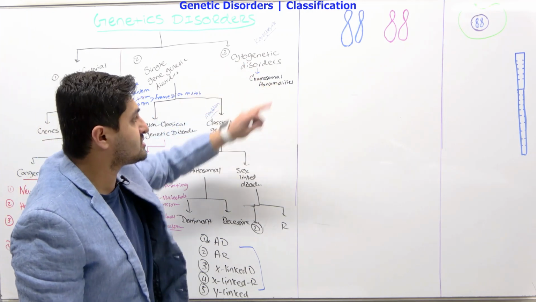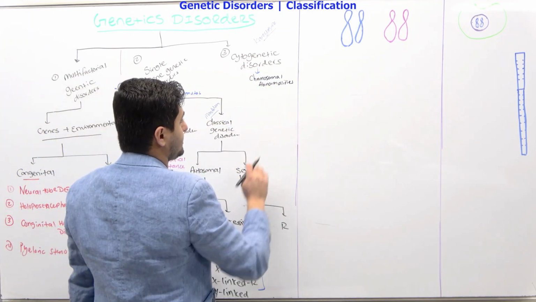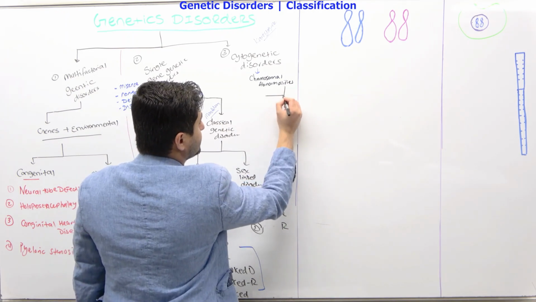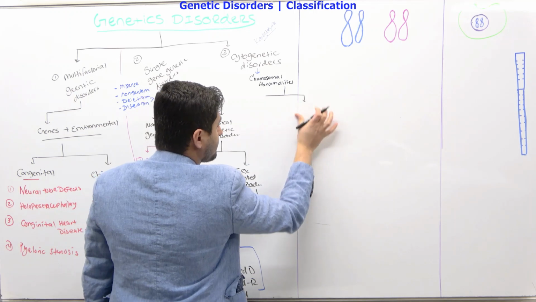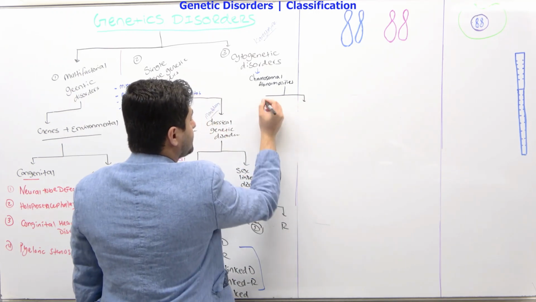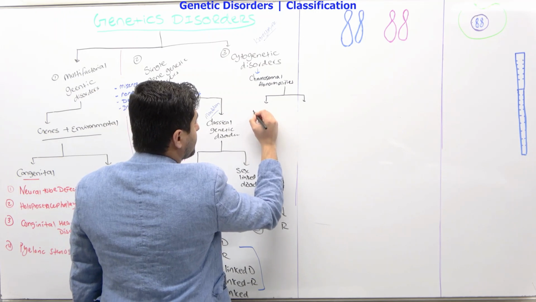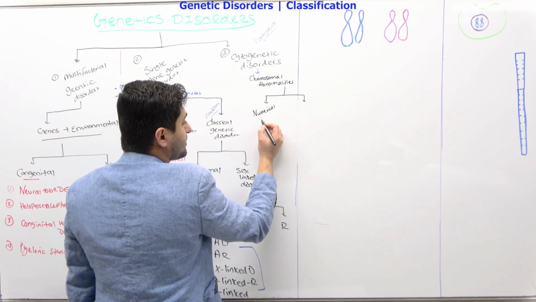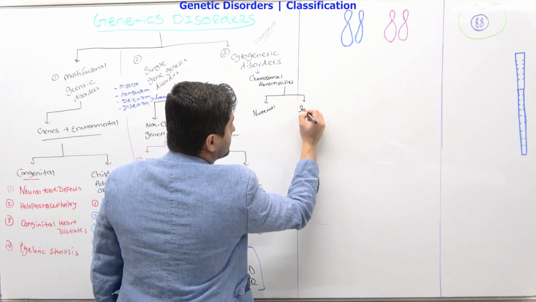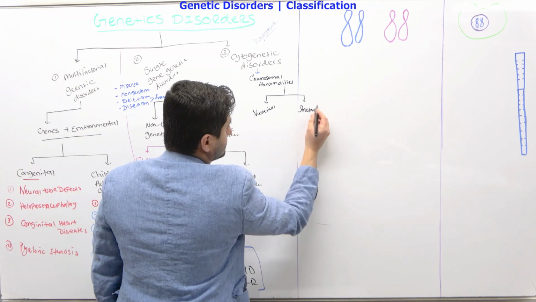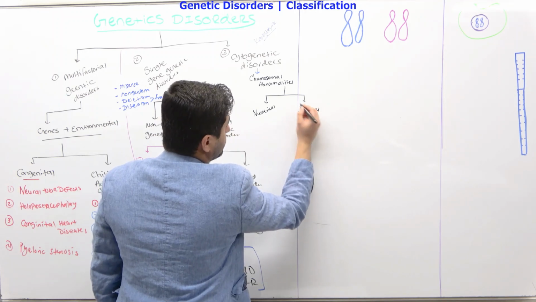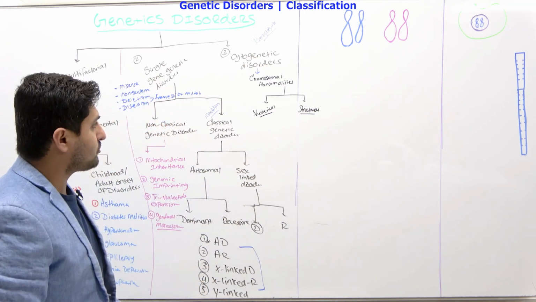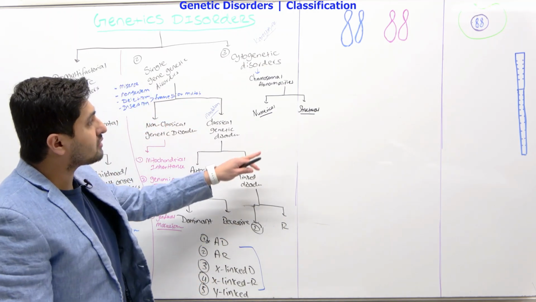And here, in chromosomal abnormalities, you have to remember that they can be classified into diseases that are numerical chromosomal abnormalities or structural chromosomal abnormalities. Numerical and structural. Now, before we talk about numerical versus structural.